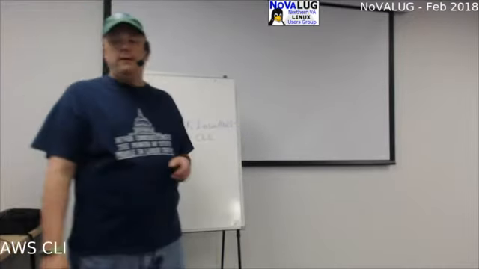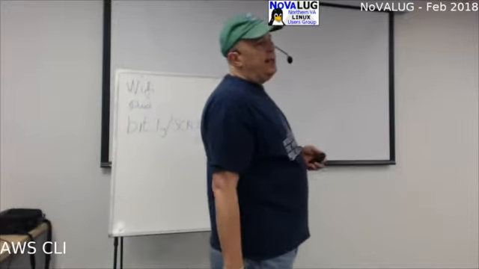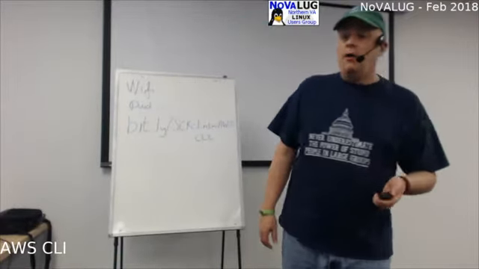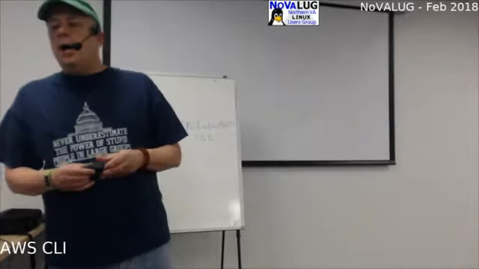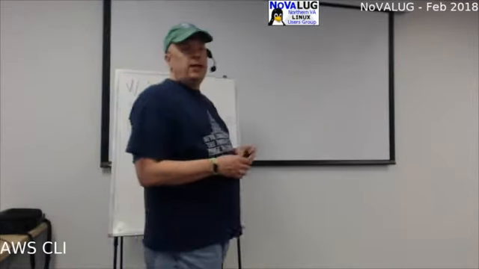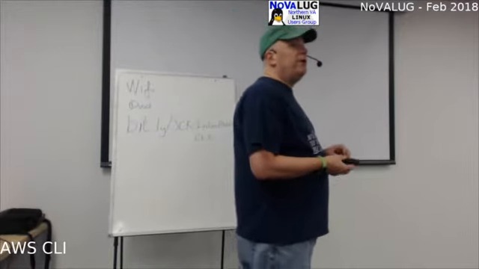All right, the services we're going to go through today: VPC, EC2, RDS, S3, Route 53, and IAM. When we get to Route 53 and IAM, I'm only going to show some very basic stuff.